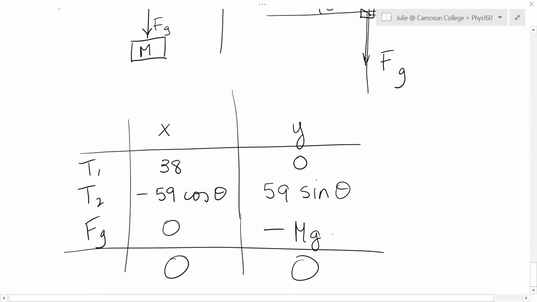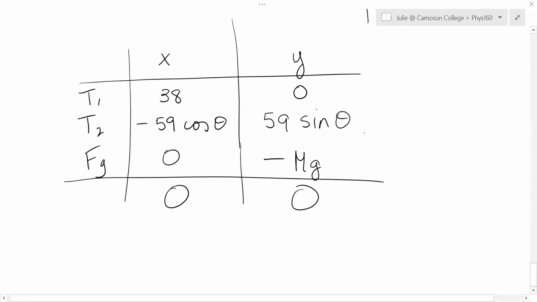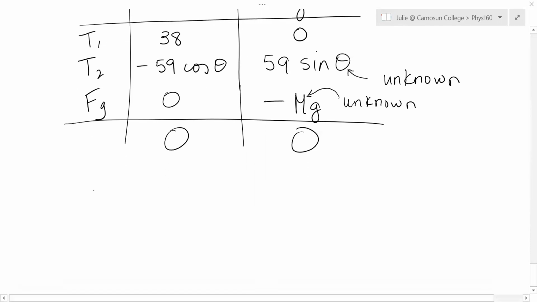Whatever m is, we don't know. We could work out m if we had to. But notice how we've got two unknown quantities here. We don't know theta, and we don't know m. Those are unknown. But we have two equations. And whenever you have two equations, you can figure out two unknown quantities. But right now, they're only asking for theta.